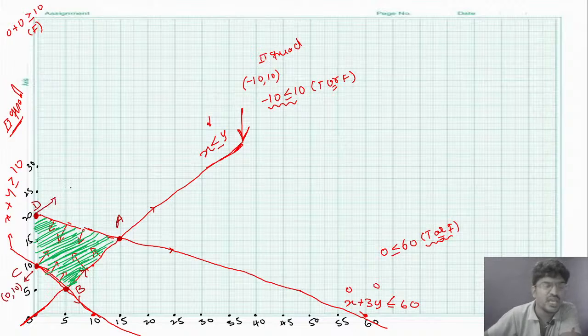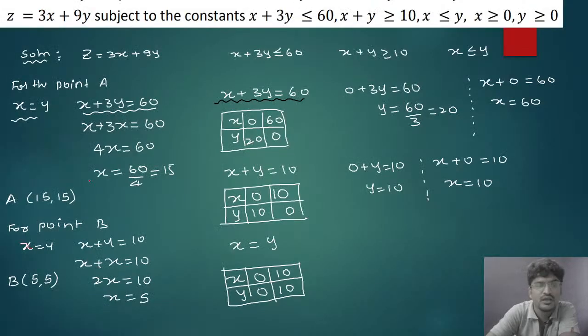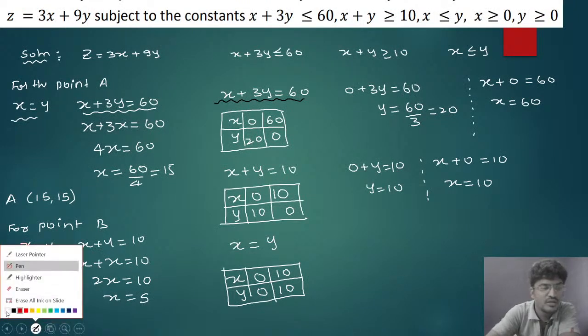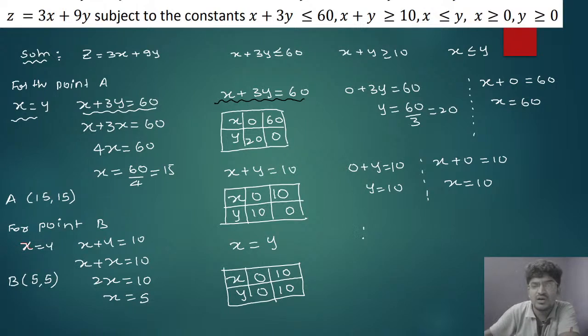Point D, x is 0, y is 20. Now write all the points in the box.